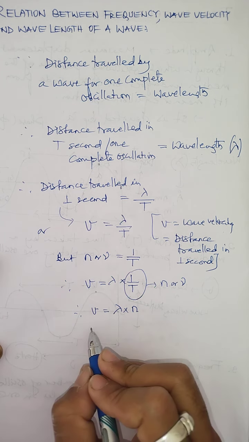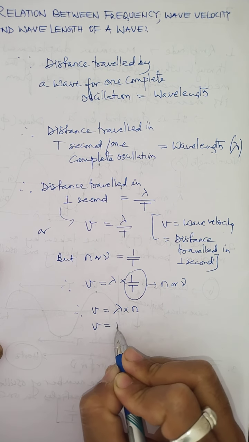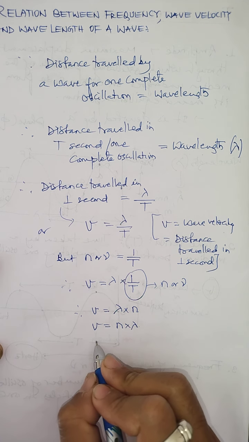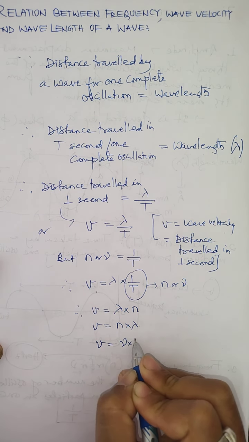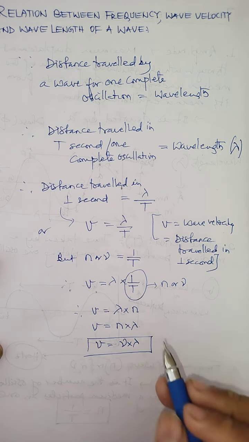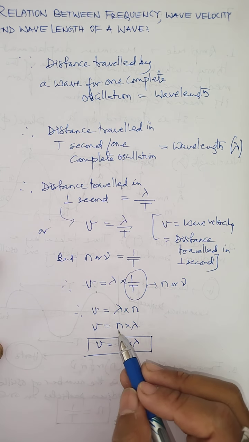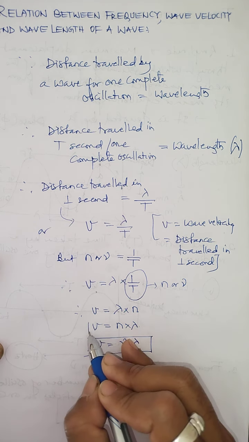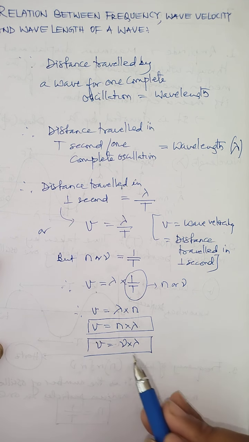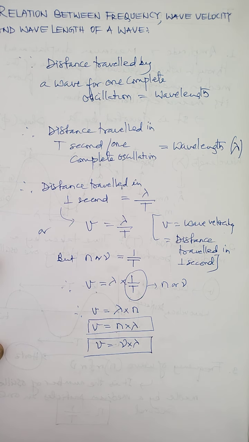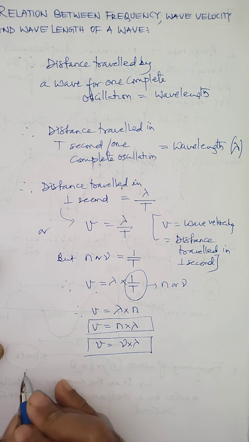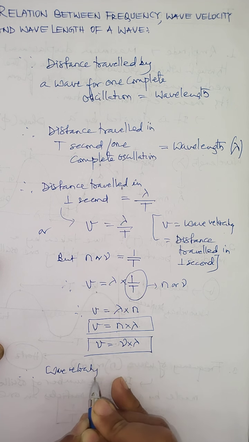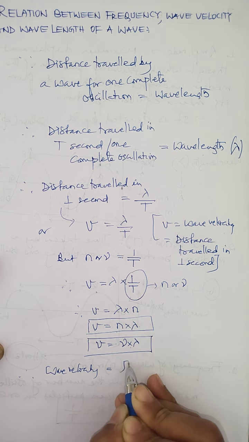So finally the relation is: wave speed or wave velocity equals frequency into wavelength. Or we can also write this as v equals nu into lambda. In some books you find the symbol of frequency as n, or in some books as nu. Whichever symbol we use, wave velocity is always the product of frequency and the wavelength.